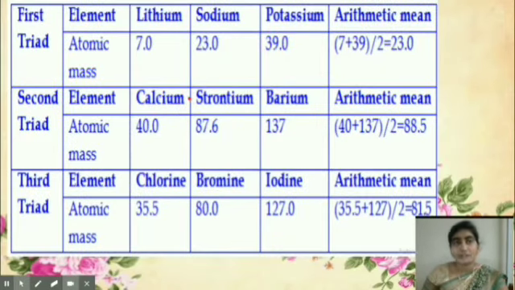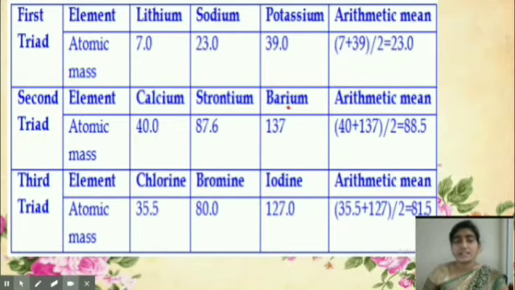If we find the average, or the arithmetic mean, of the first and the third element, that is lithium and potassium, we will find it is 23, which is the atomic mass of sodium. Such classification works for the first group and the two other groups, one with chlorine, bromine, iodine, and the other with calcium, strontium, and barium.